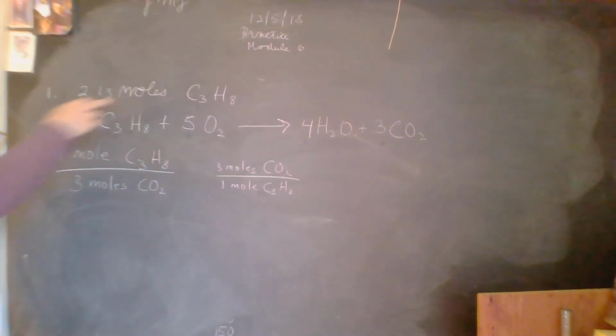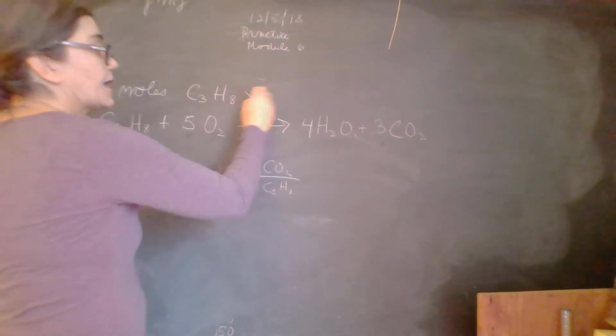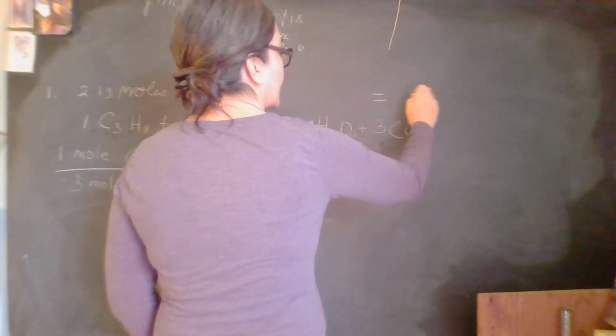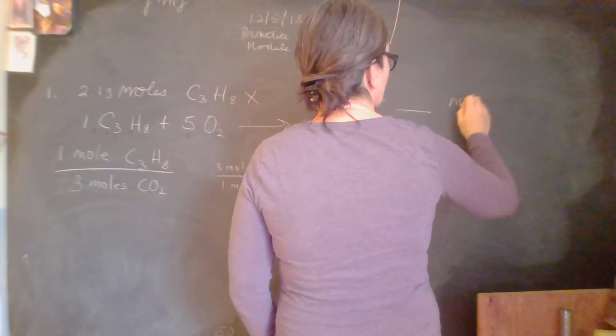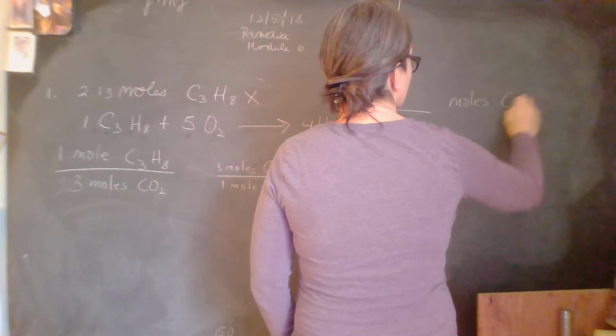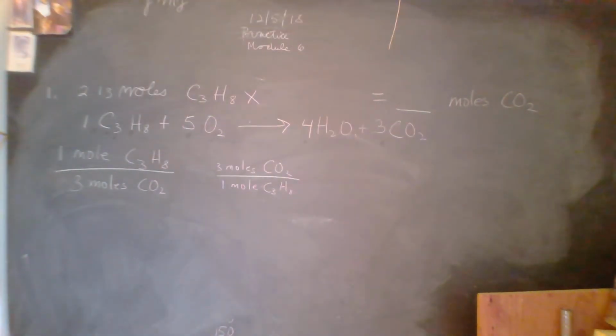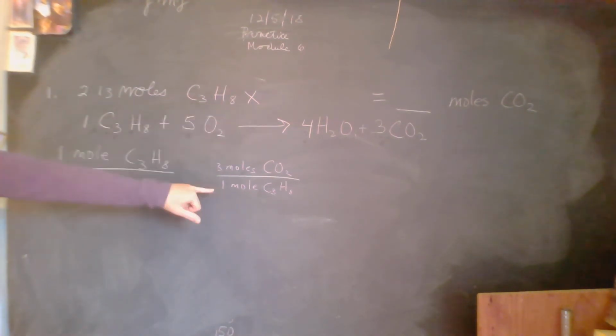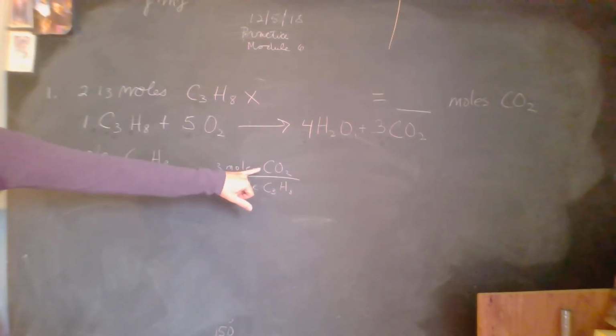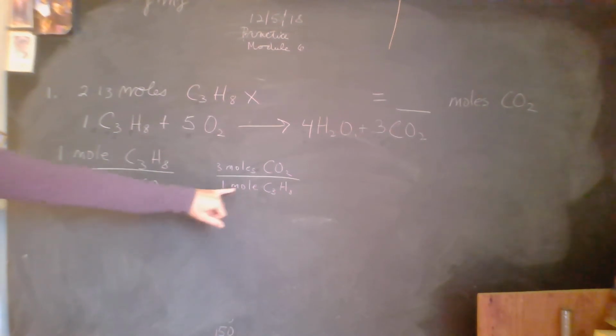That's not so difficult. So with this, I want to multiply by some conversion factor and end up with some number of moles of CO2. So which is going to be the right ratio to use? It's the one with C3H8 in the denominator and moles of CO2 in the numerator. These are our units: moles of C3H8, moles of CO2.